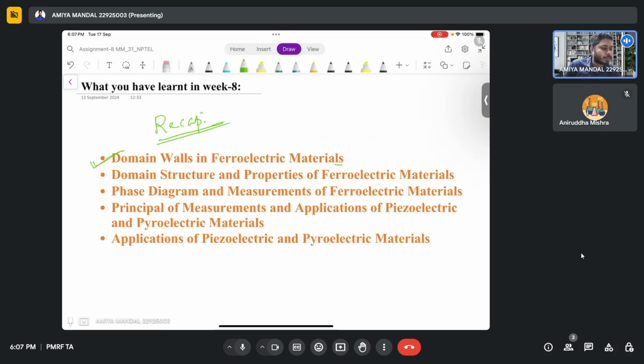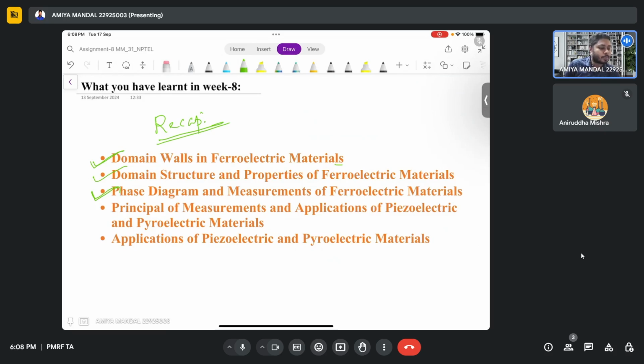First of all, domain walls. Then domain structure and its properties in ferroelectric materials: how many structures there are, and how we get different variants for different crystal structures. Then you learned about phase diagrams and measurements of ferroelectric materials, such as how many types of phases there are in lead titanate and lead zirconium titanate. I will discuss everything regarding the problems in this session.